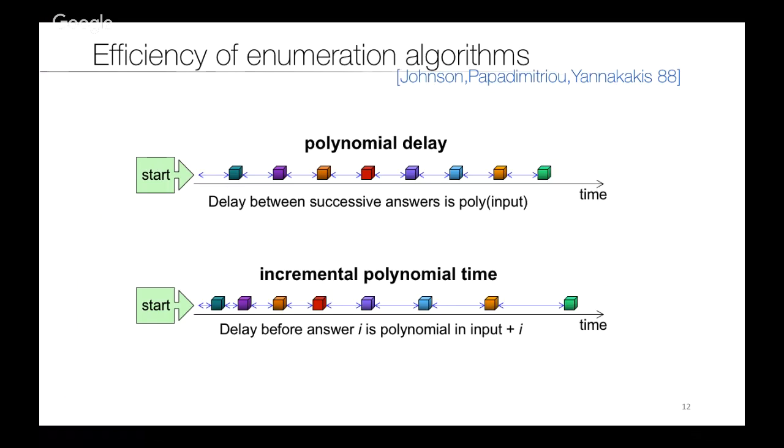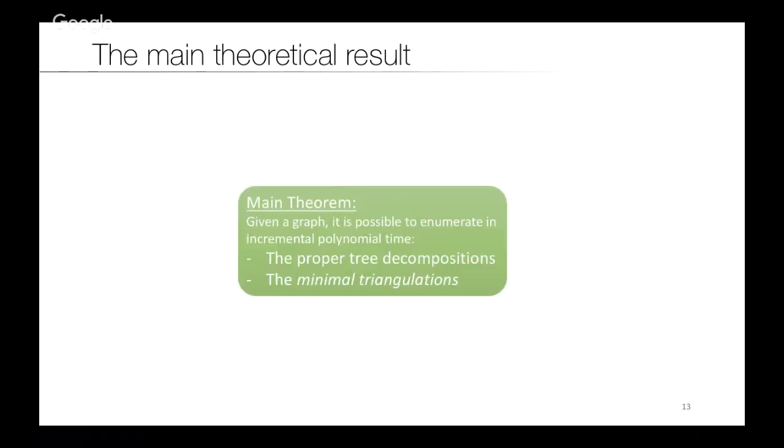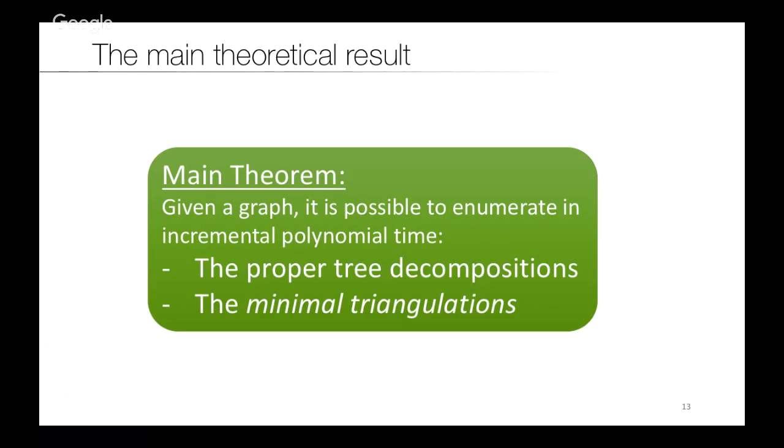Another standard measure is incremental polynomial time. It's similar, but as time goes by, we allow the algorithm to take more time before it returns more results. So the delay before answer I is polynomial in the size of the input plus I. And our result is that we can enumerate the proper tree decompositions in incremental polynomial time.